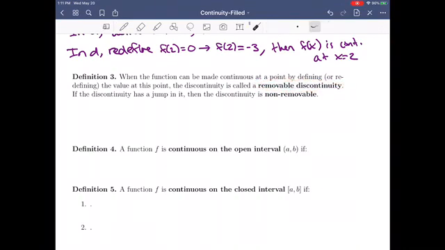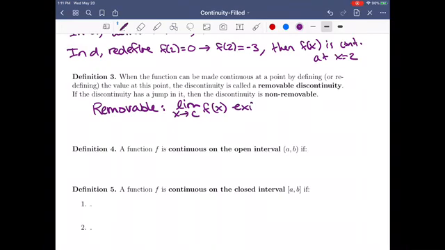If the discontinuity has a jump or an asymptote, it's non-removable. So what you want to remember is, if it's removable, it means that the limit as we approach that value exists, which means that you have a hole of some kind.